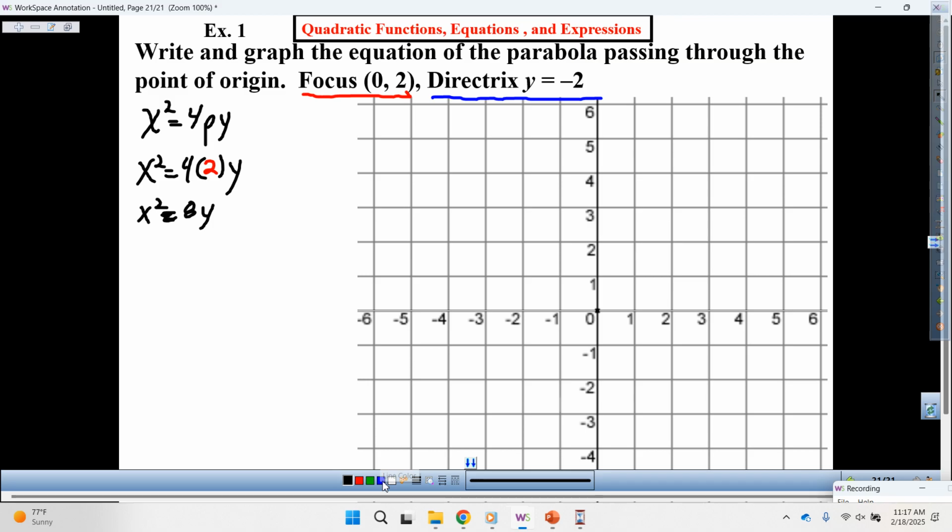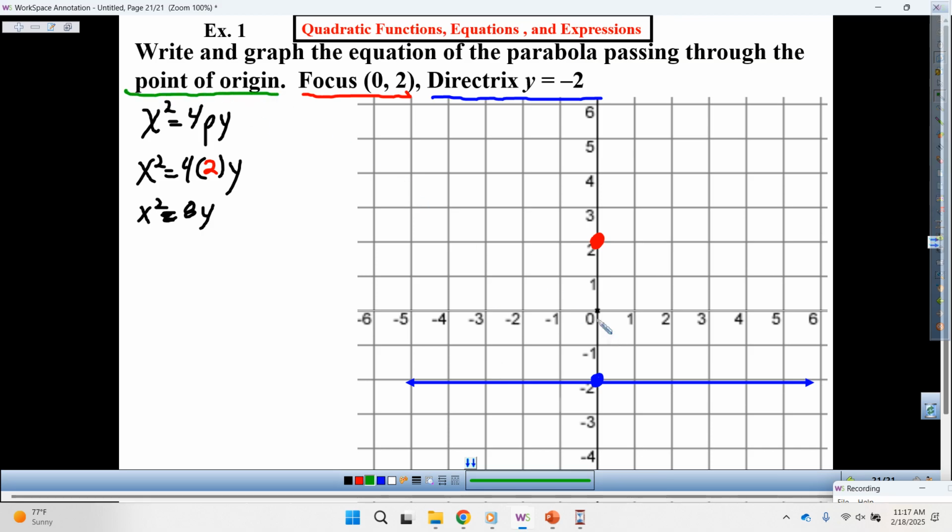So to graph it, I start with my directrix going through y equals -2, which is down here. There's my straight line. And then we need a focus. Focus is at 0, 2. So that means my parabola is going through where? The point of origin.